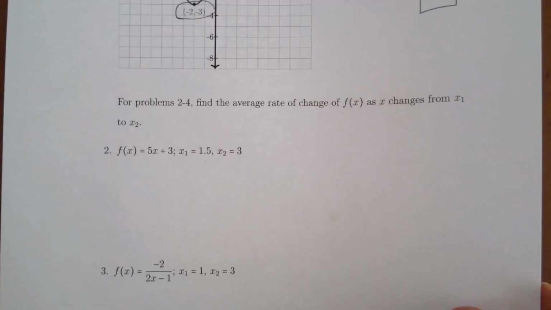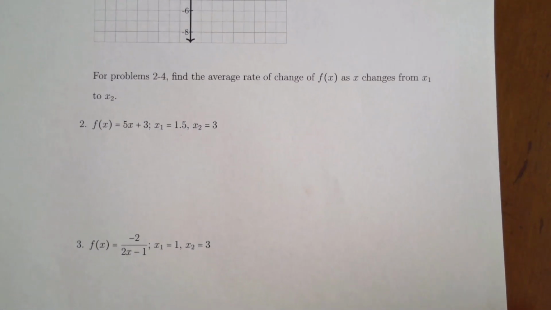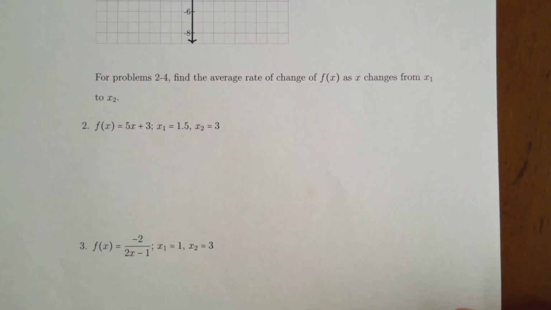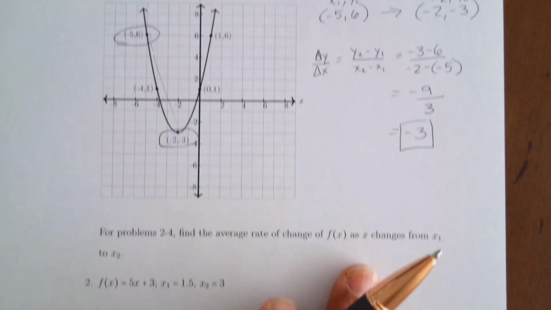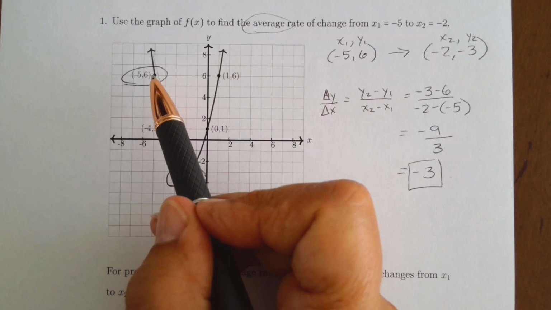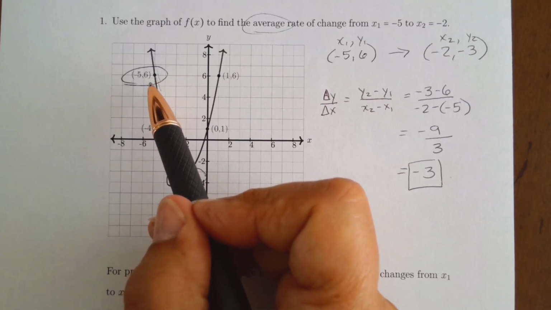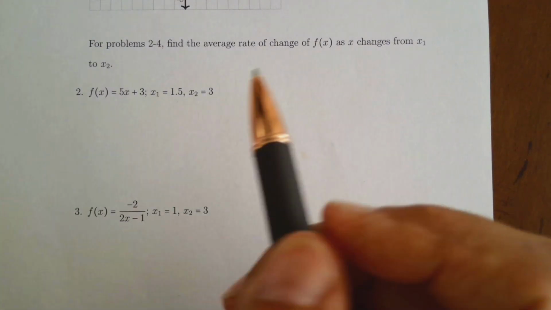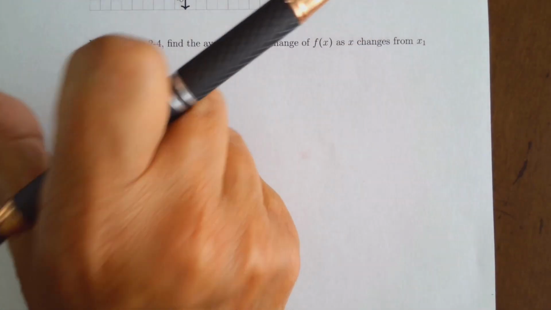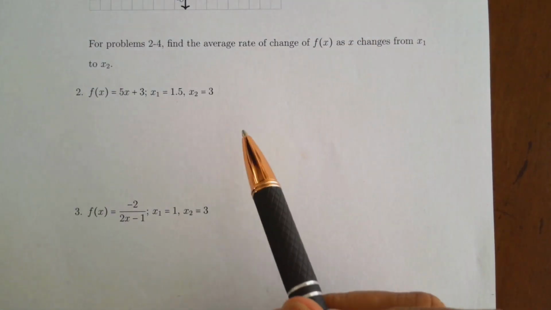All right, now for problems 2 through 4, we're going to find the average rate of change as x changes from x1 to x2. The only difference with these is that they're not giving you the y values. On a graph, you can see the ordered pair, so you know x and y without doing any work. On these problems where you're given a function, they give you x, but they didn't give you y.